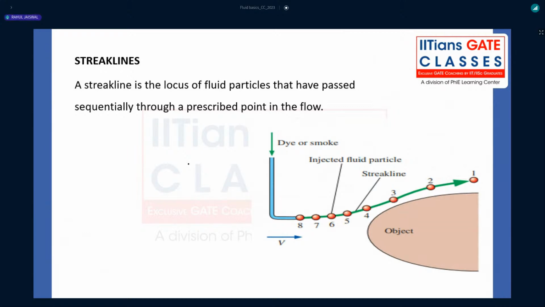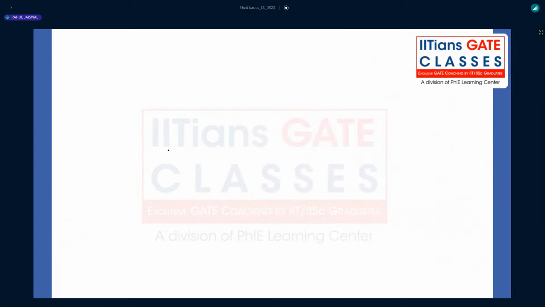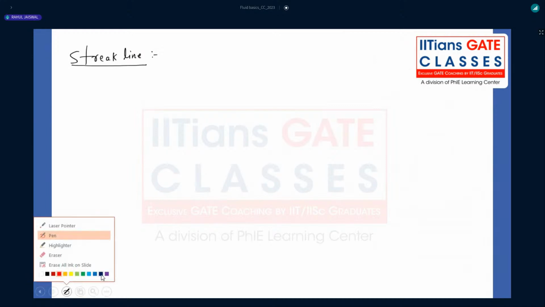Now, some of you, by the definition, I know that it is not very clear. Let me explain the diagram so that you can easily identify what a streak line is. Before understanding this, let me give an example.